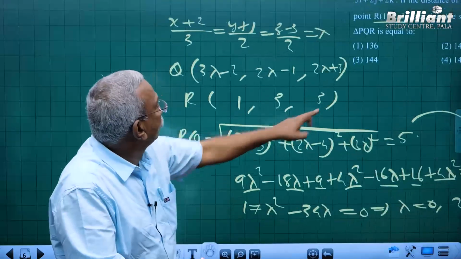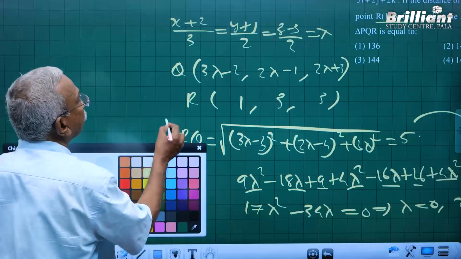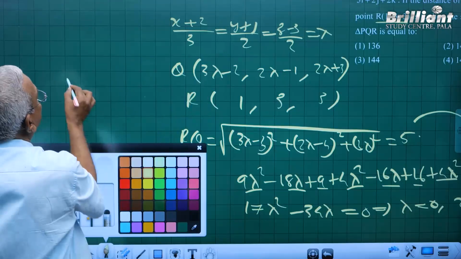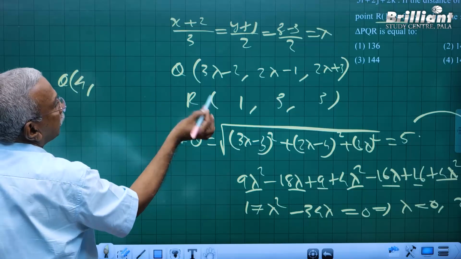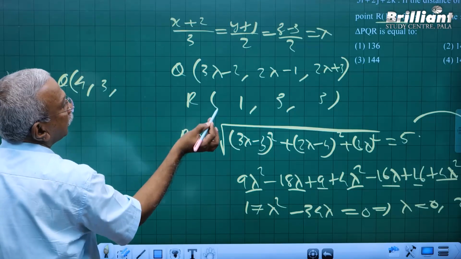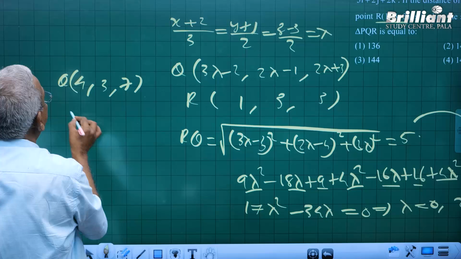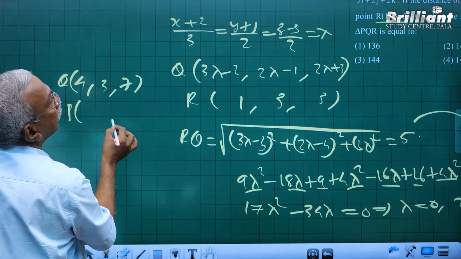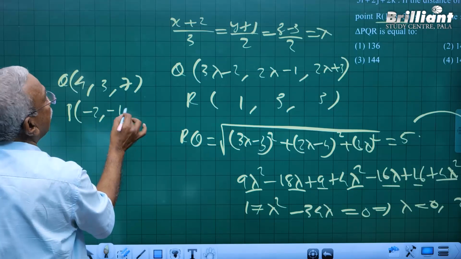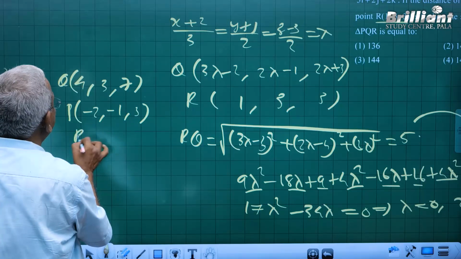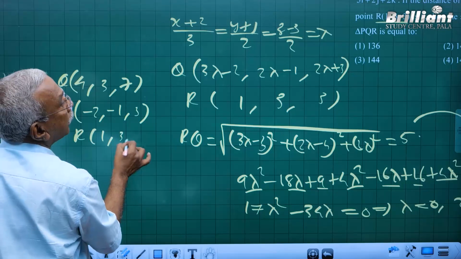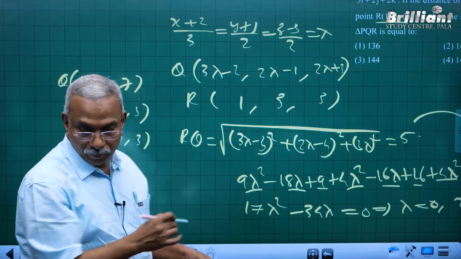When lambda is equal to 2, what is Q? Q becomes 6 minus 2, that is 4, and 4 minus 1, that is 3, and 7. And P is already given, equal to (minus 2, minus 1, 3), and now we can see R is equal to (1, 3, 3). These are the 3 points.